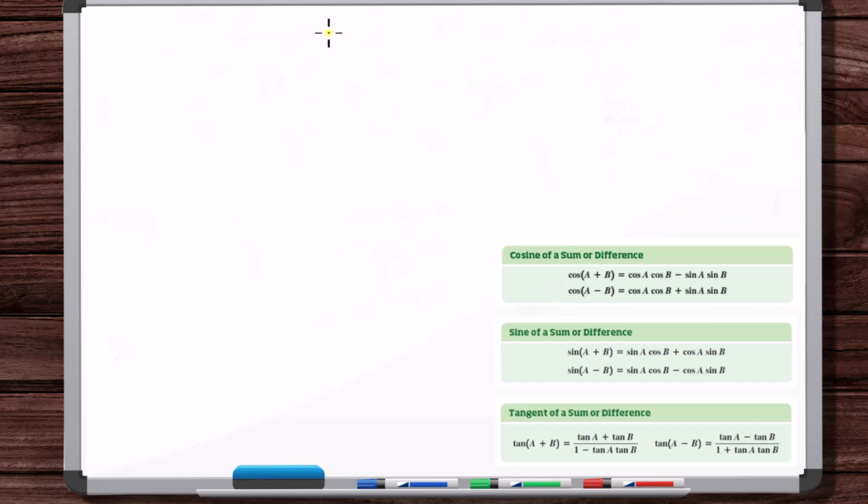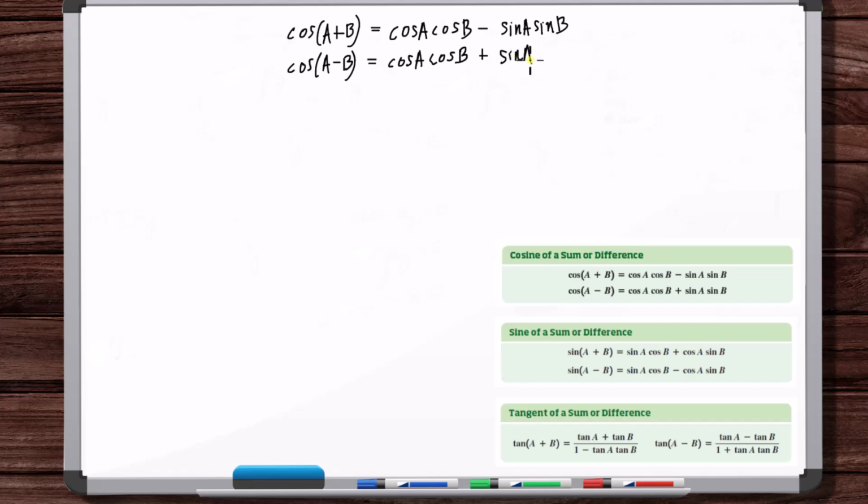We put them vertically on top of one another, and now we want to add these two.